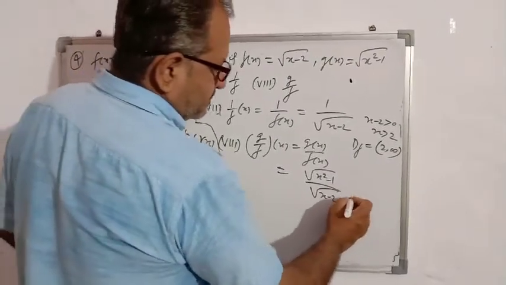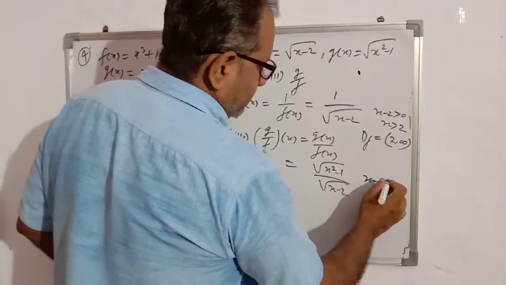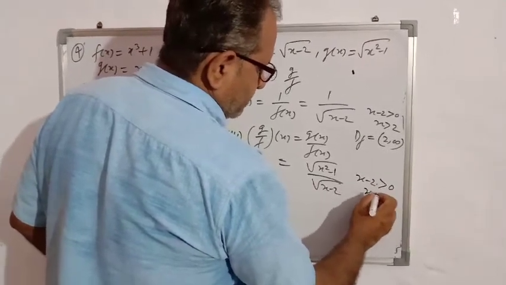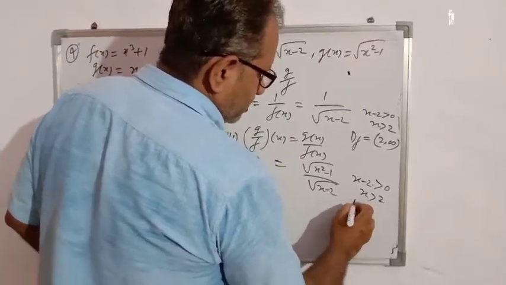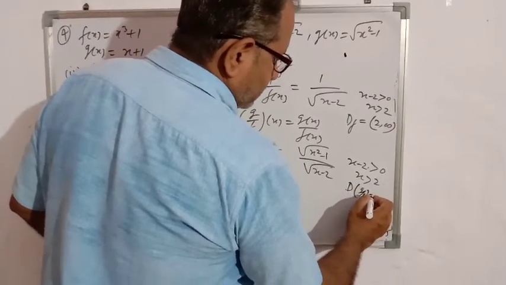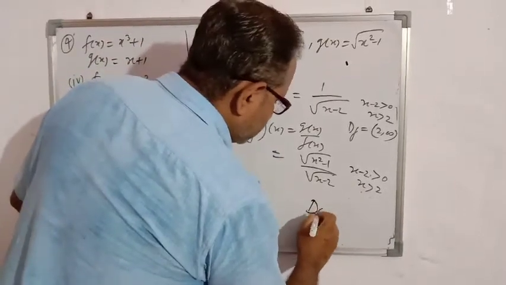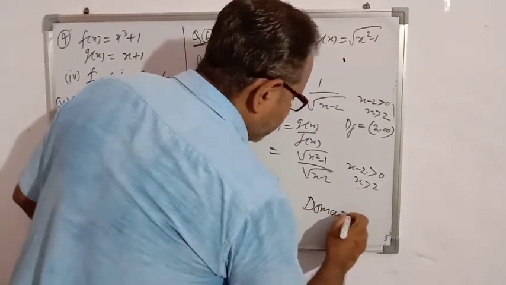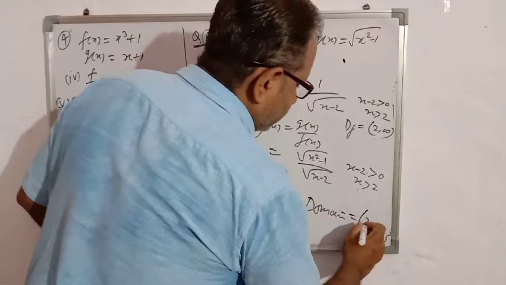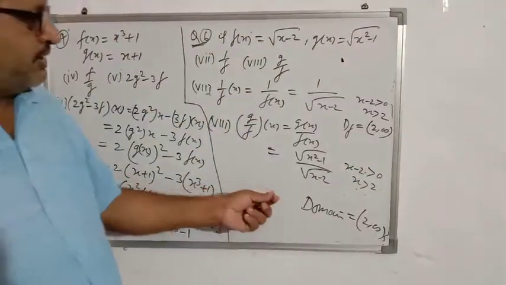So again we can write x minus 2 should be greater than 0, which means x greater than 2. So the domain of this function will be from 2 to infinity.